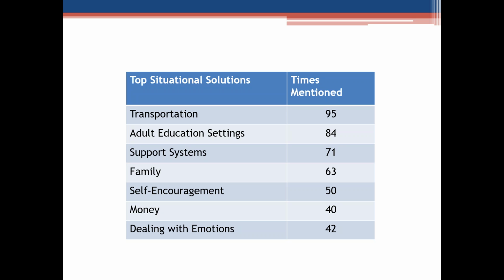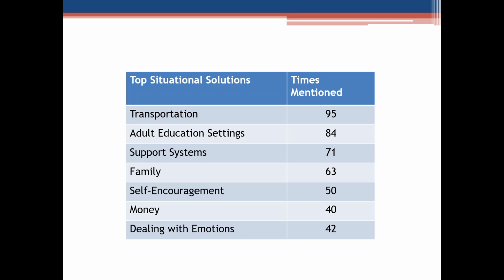Looking at it programmatically, how you can help students get to your location, and having your services offered in areas where they can easily access them. That leads over into the educational settings piece too, and things that the educational settings can do. I'm actually going to circle back to that one in a minute, because I thought that had some more interesting components.